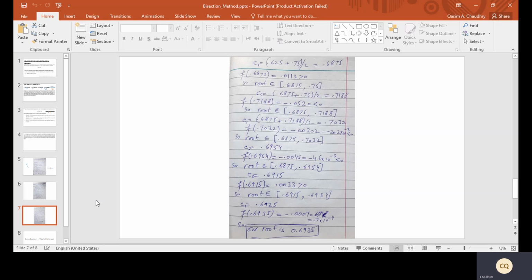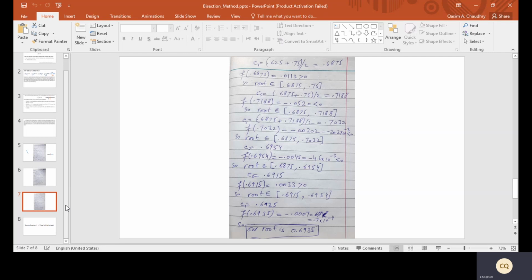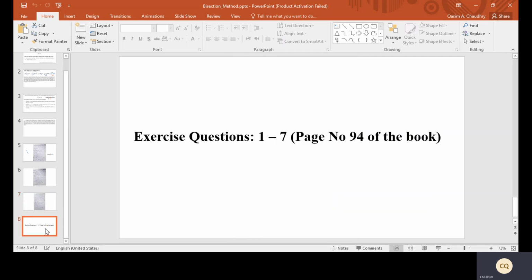So students, this was the example, and hopefully it is quite easy and quite clear to all of you. In a similar line, students, you need to do the exercise questions of the same book. On the very first page, I have mentioned the title of the book and the author name.